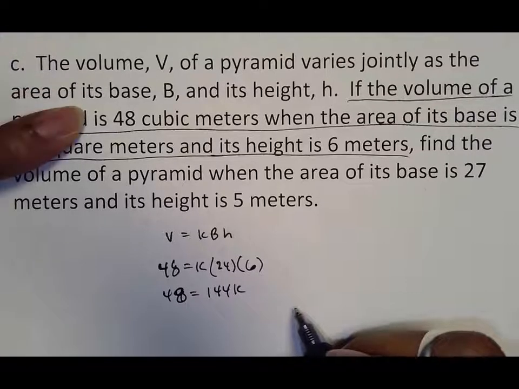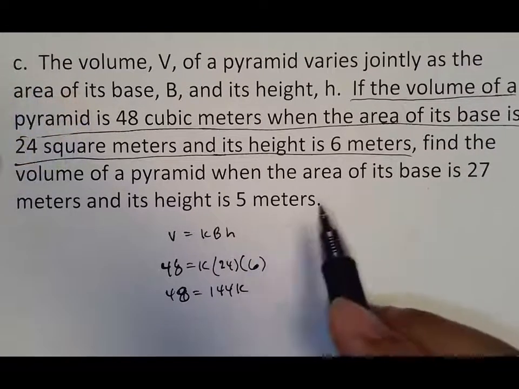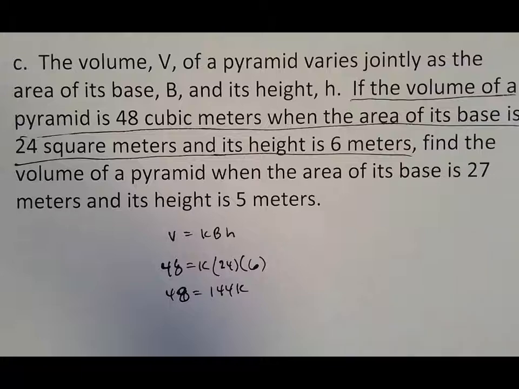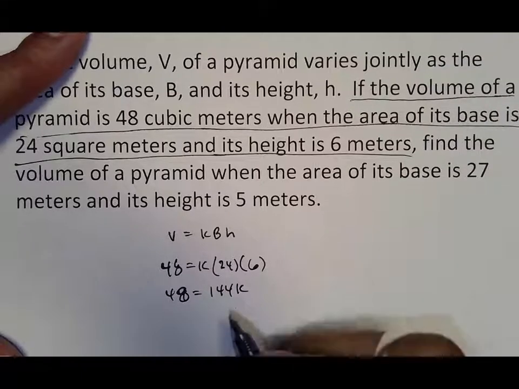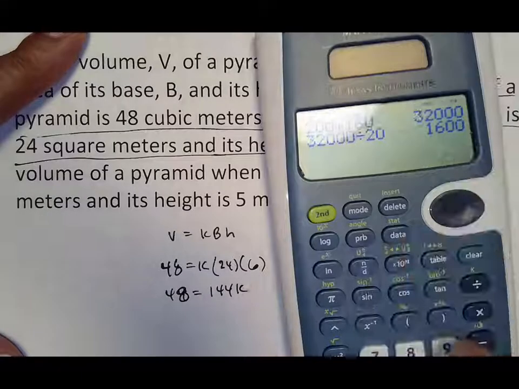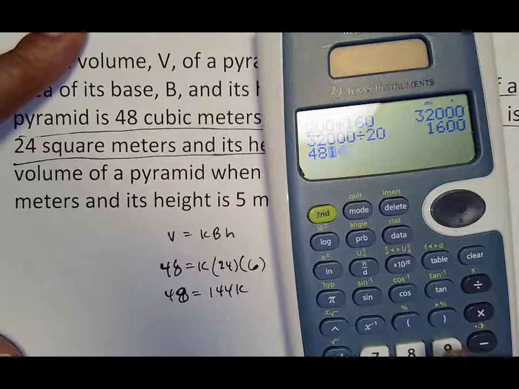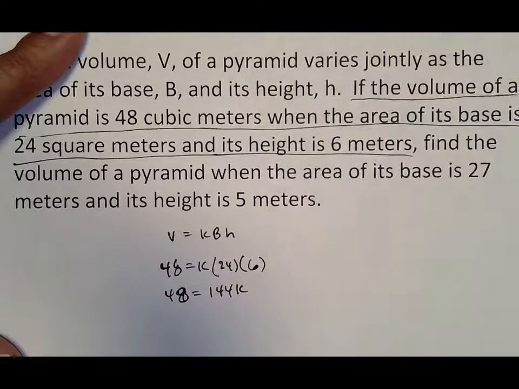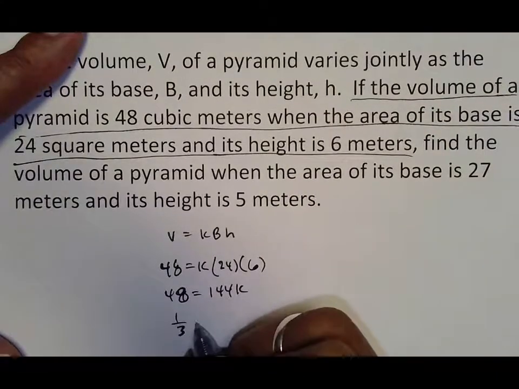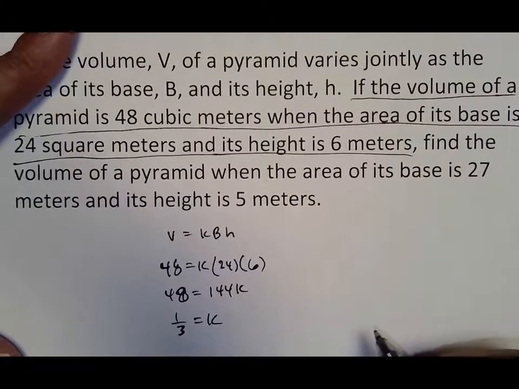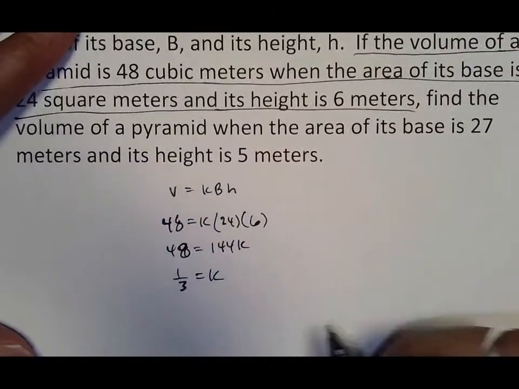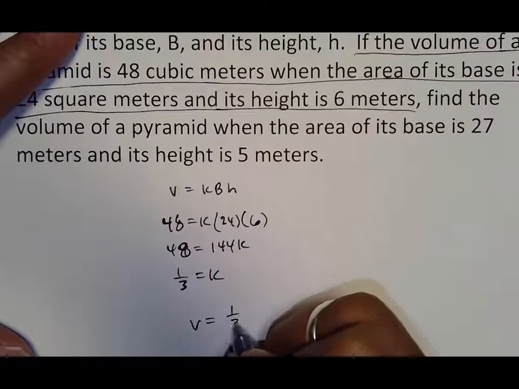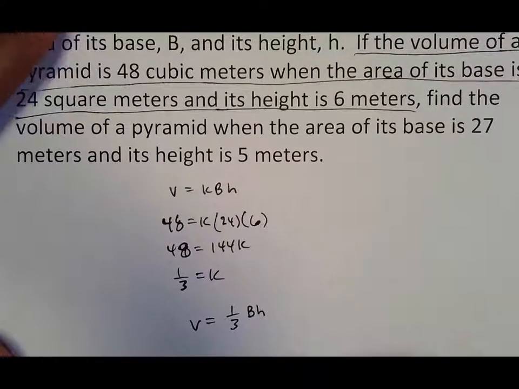Yes. Volume is 48. Area is 24. Height is 6. That is 144. So then we divide by 144 to get 1/3. I'll just leave it as 1/3. And so my general formula is V equals 1/3 BH.